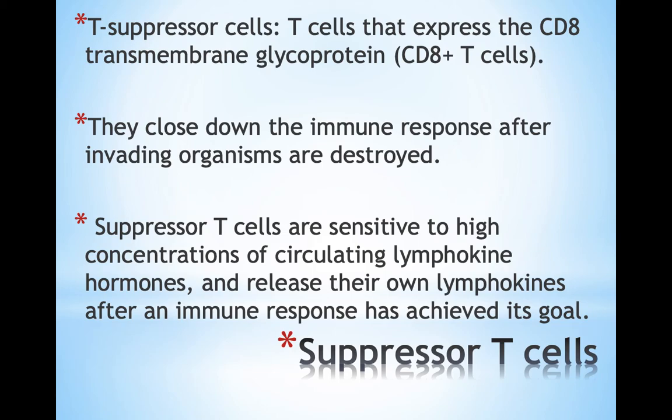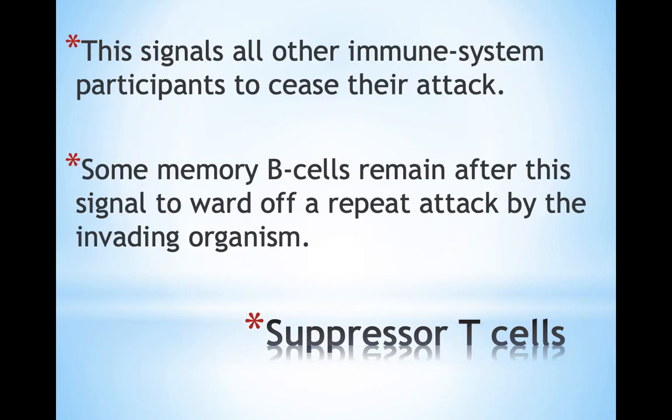Now, in terms of their physiology, they're very sensitive to high concentrations of circulating lymphokine hormones, and they can also release their own lymphokines after the immune response has achieved its goal. So for a fact, suppressor T cell lymphokines are capable of telling effector T cells to stop their immune activity.